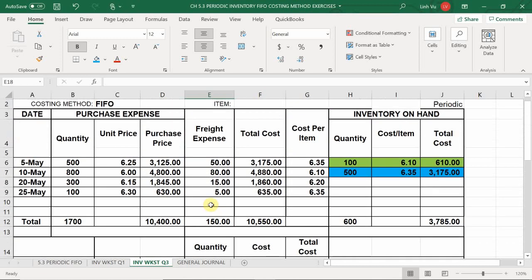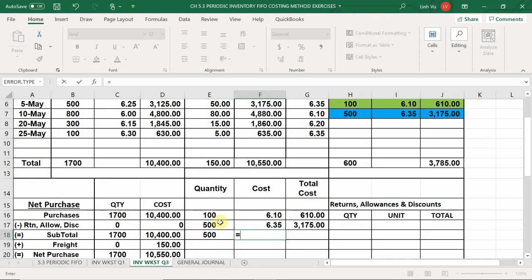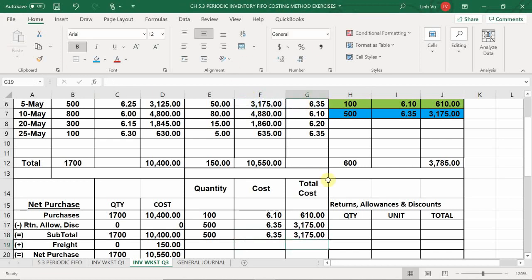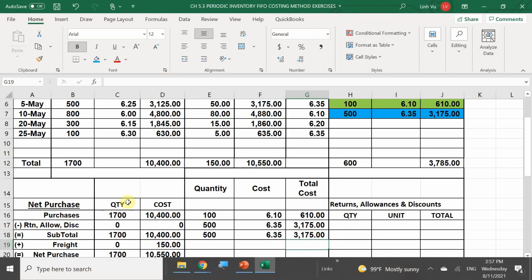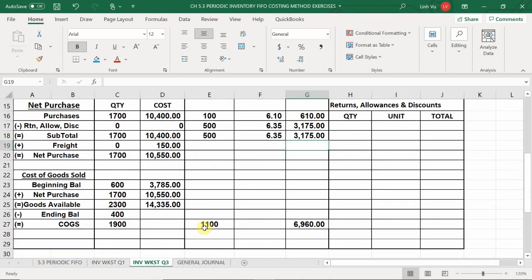If you add this column up together, the 610 plus the 3,175 plus 3,175 plus 4,880, we get a grand total of 11,840. That's how much we sold.